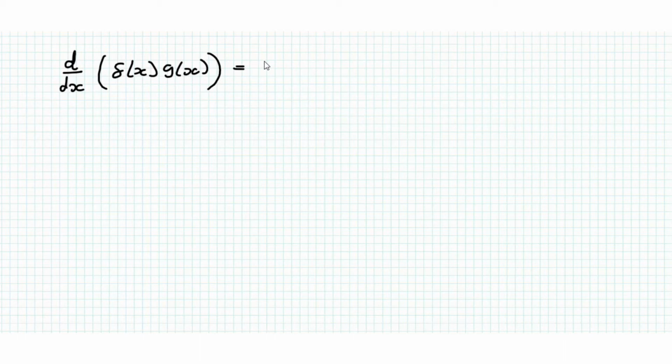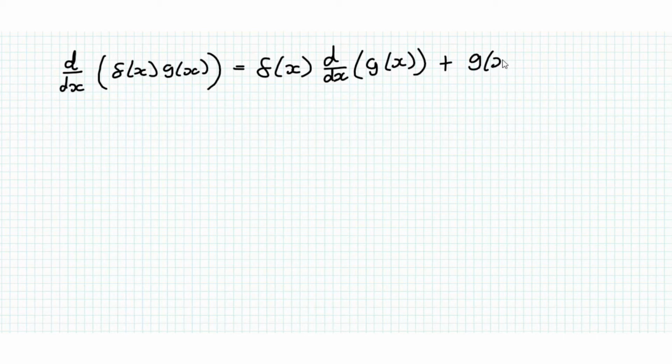So that's equal to f of x multiplied by the derivative with respect to x of g of x. Maybe we should go with square brackets, but you live and you learn. And this is added to g of x multiplied by the derivative of f of x with respect to x.